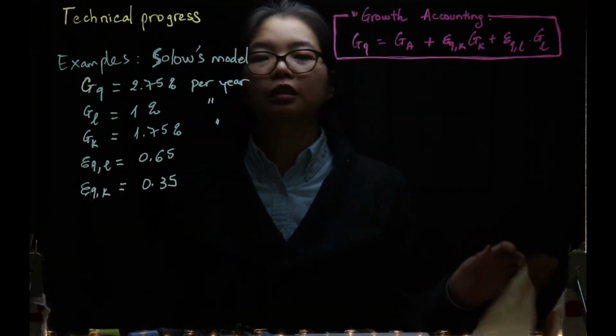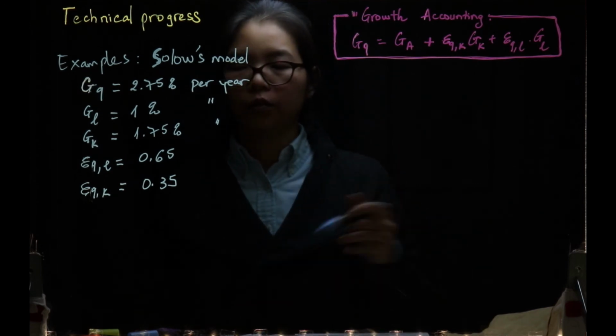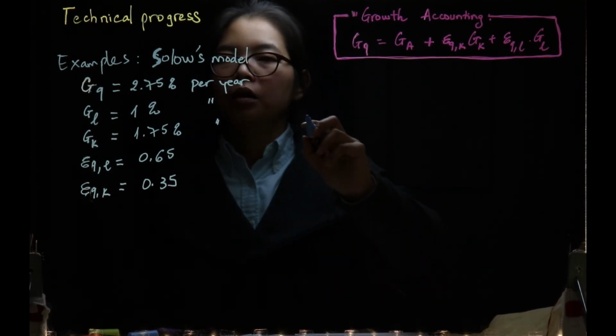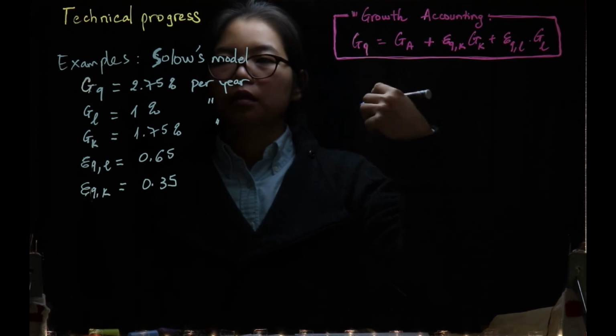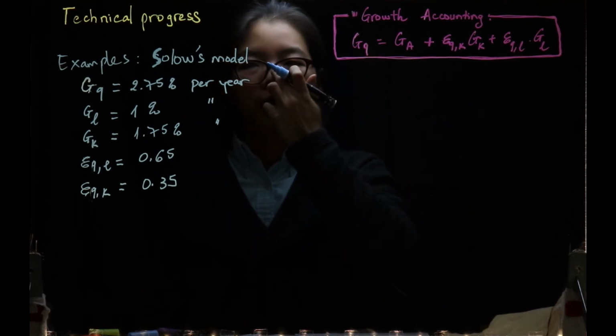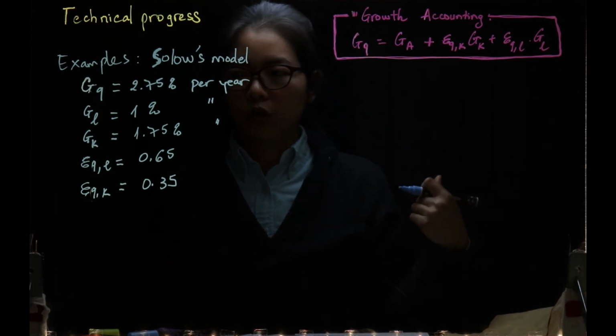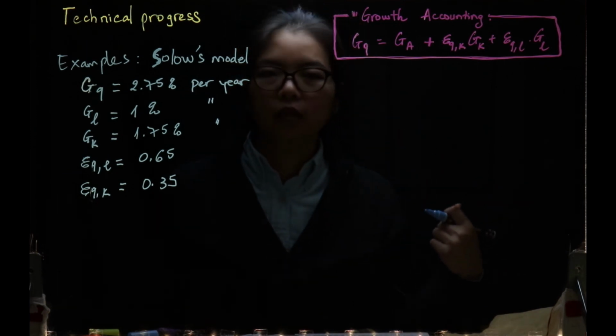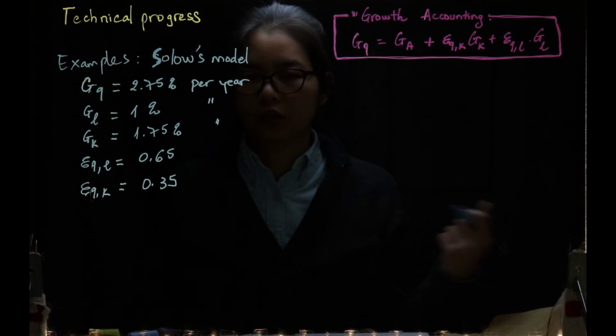So let's do a numerical example. So this is a study of Solow, quite famous. I think you will encounter such models if later you take development economics or so.